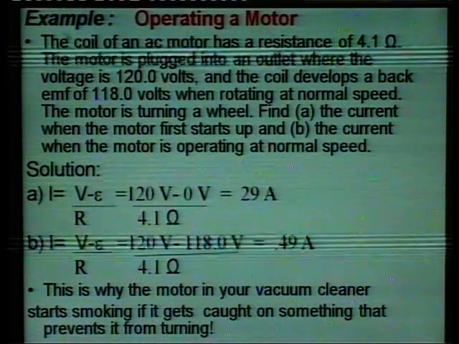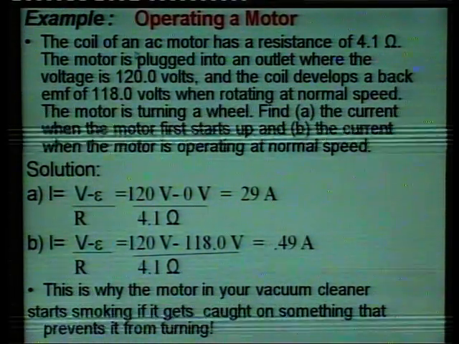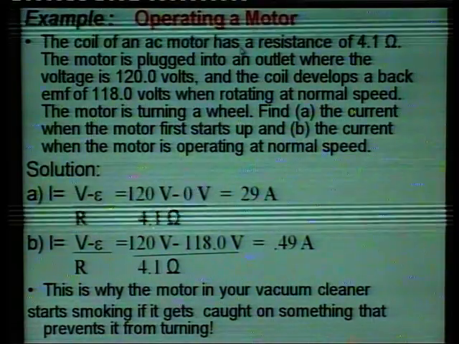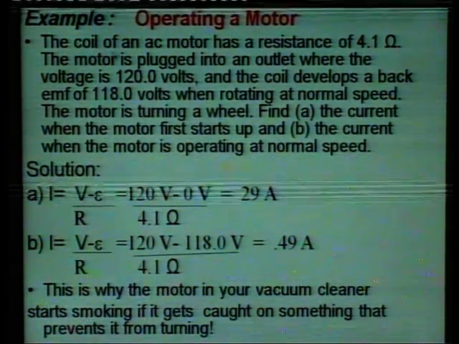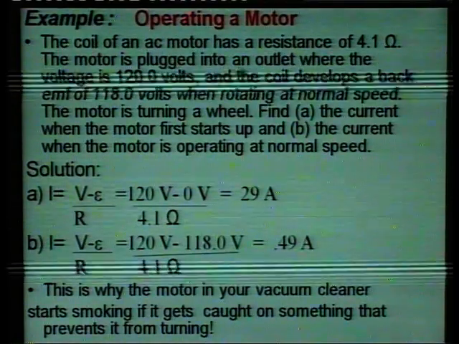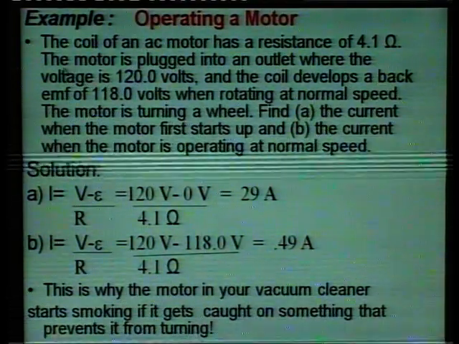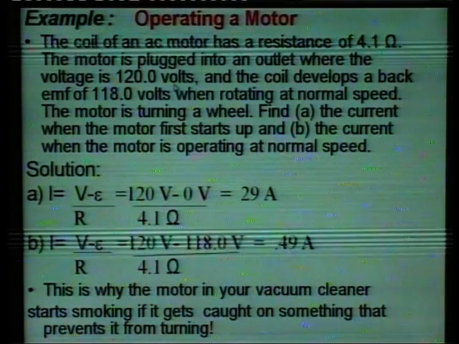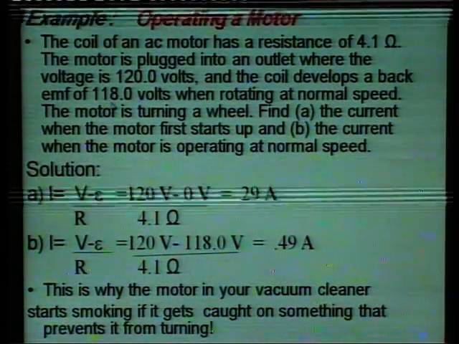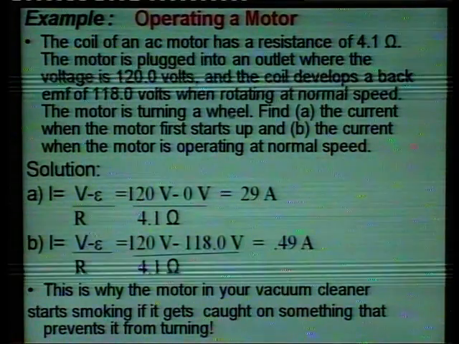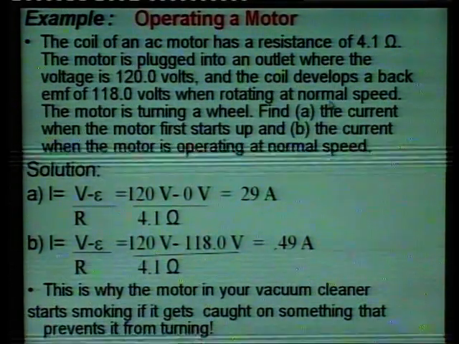So the example question is: the coil of an AC motor has a resistance of 4.1 ohm. The motor is plugged into an outlet where the voltage is 120 volts and the coil develops a back EMF of 118 volts when rotating at normal speed.